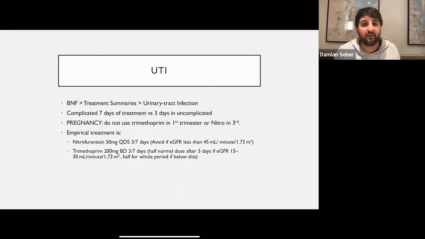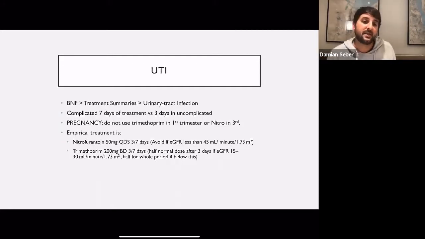You can give trimethoprim, but if it's really bad, between 15 and 30, they might ask you to halve the dose after 3 days if it's a longer course. If it's less than 15, so really knackered kidneys, just halve the dose for the whole course.